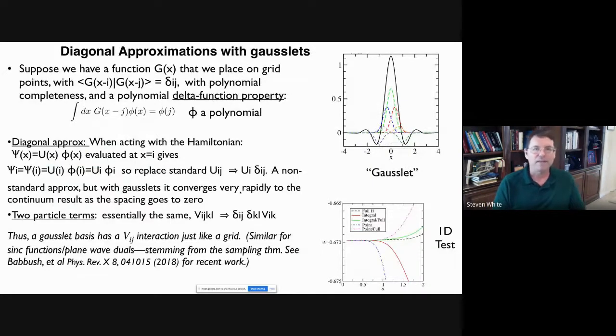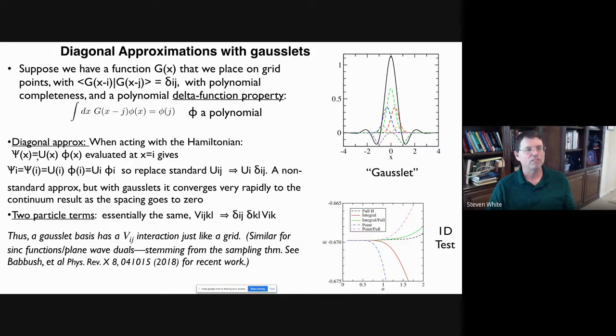Okay, so how is this delta function property important? Let's assume that we have one of these functions. It's orthonormal. It has the delta function property. Then you can write down the single particle Schrodinger equation and act with the Hamiltonian, just multiplying by a potential function times your wave function, which is represented in terms of these basis functions.